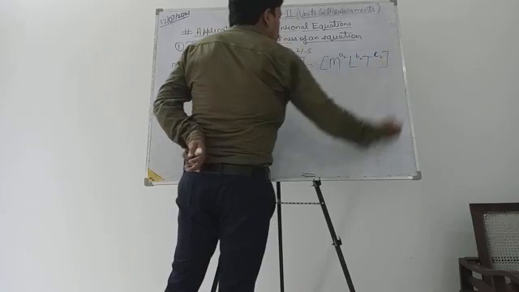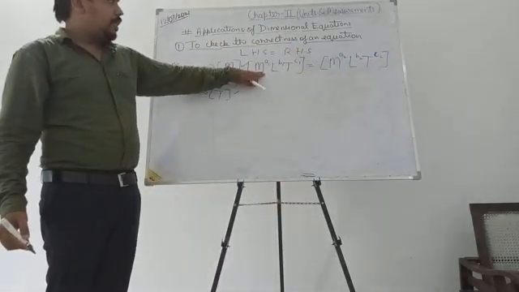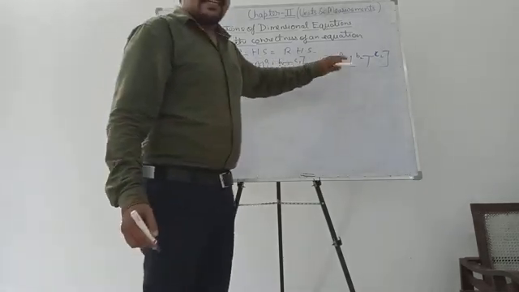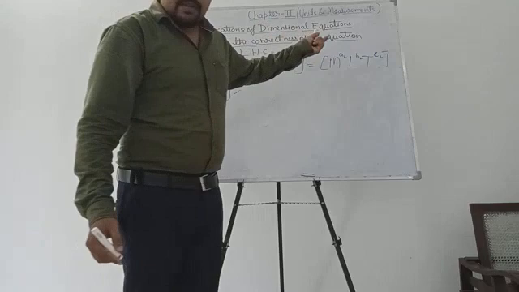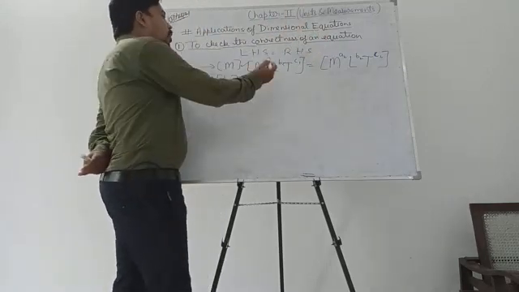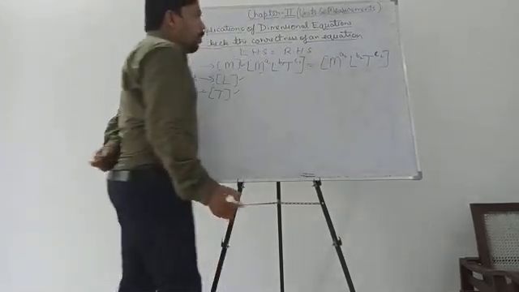So the principle of homogeneity says if this equation is correct, then the respective terms on the left hand side and the right hand side have the same power. That means the power of M on the left hand side should be equal to the power of M on the right hand side.